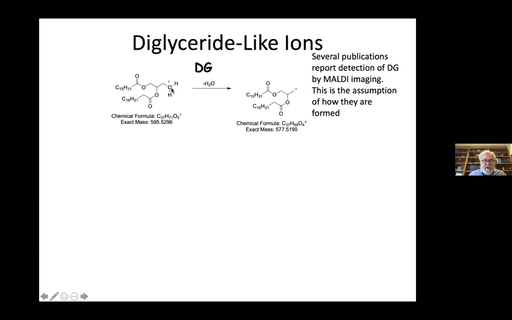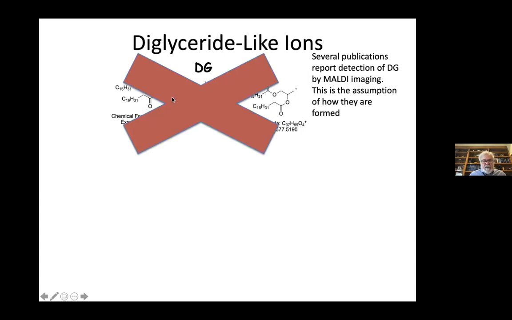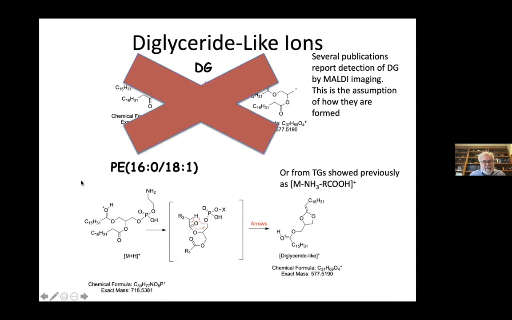The sodiated ions, which are more likely present in a tissue, are very stable, so they don't easily do that chemistry. I don't think that's happening, but I think they came from, for example, the decomposition of the protonated PE species by this ion chemistry here, losing the polar head group as a neutral loss. So, loss of the polar head group here to form what I call diglyceride-like ions. And those are these ions at 577.